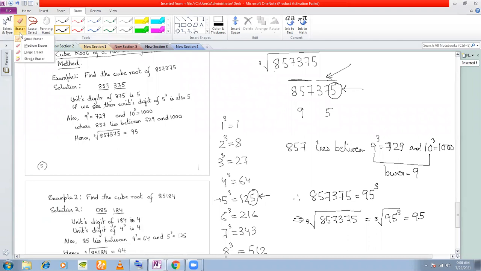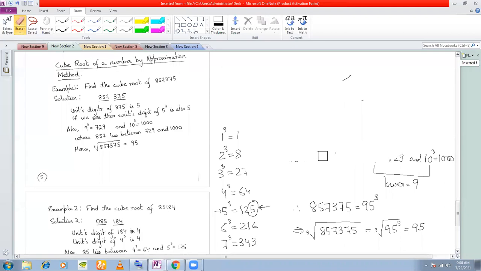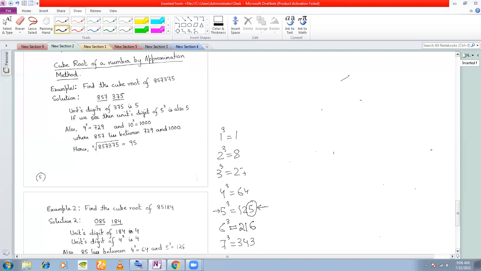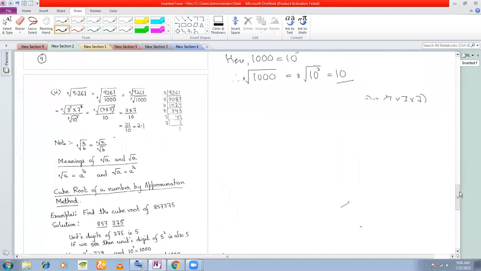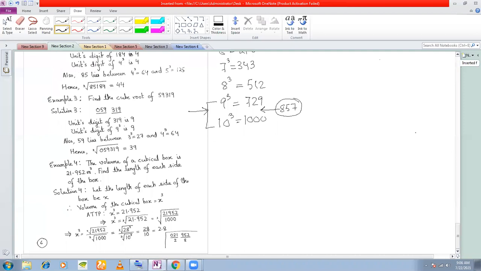Let us take another example. The question is, find the cube root of 85184.